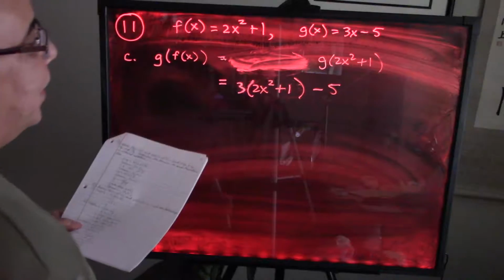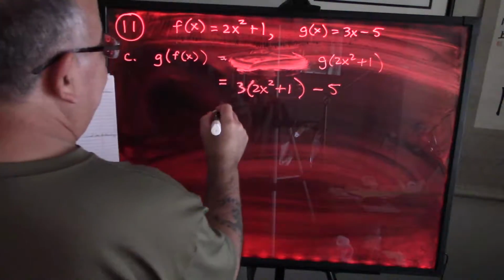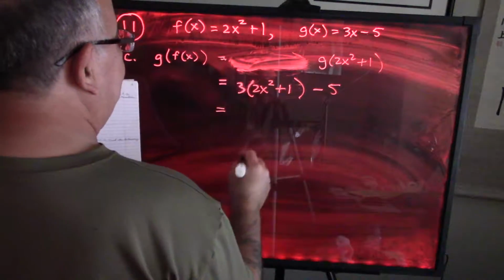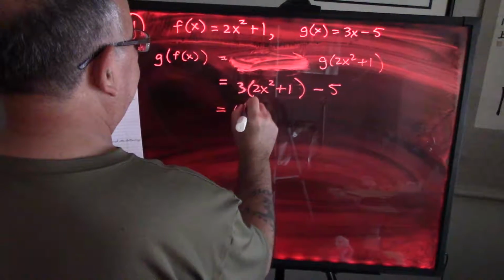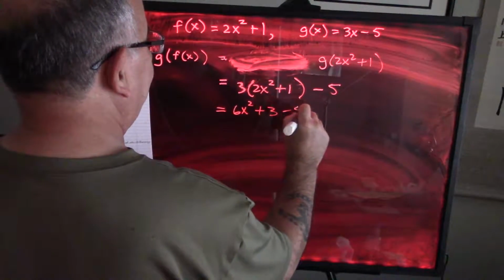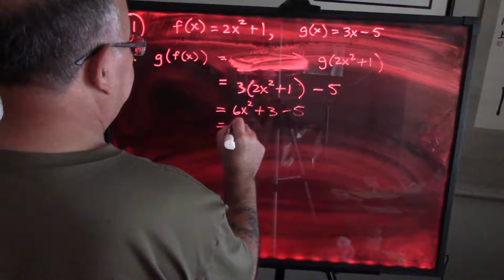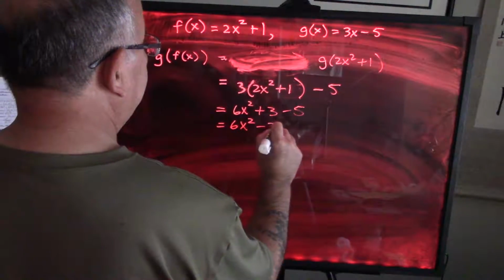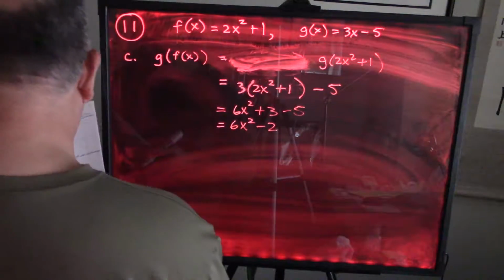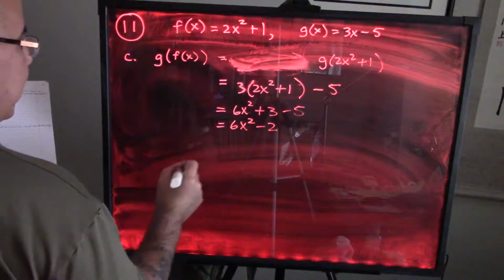Okay, so this is equal to, distribute the 3 through, 6x squared plus 3 minus 5, and that equals 6x squared minus 2. Okay, that takes care of that one. Part D.